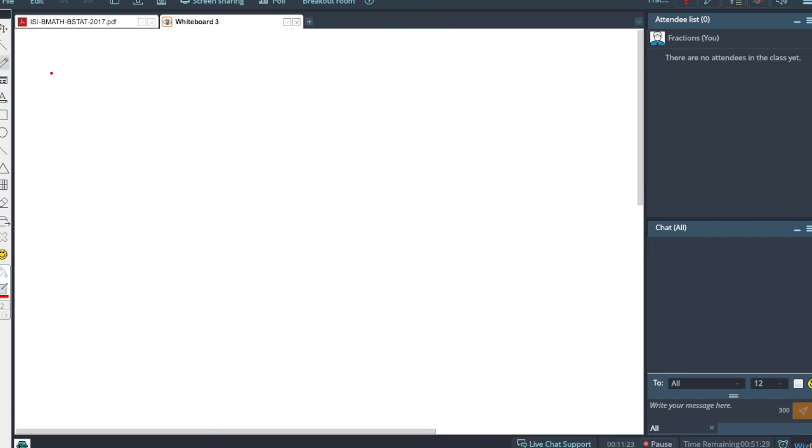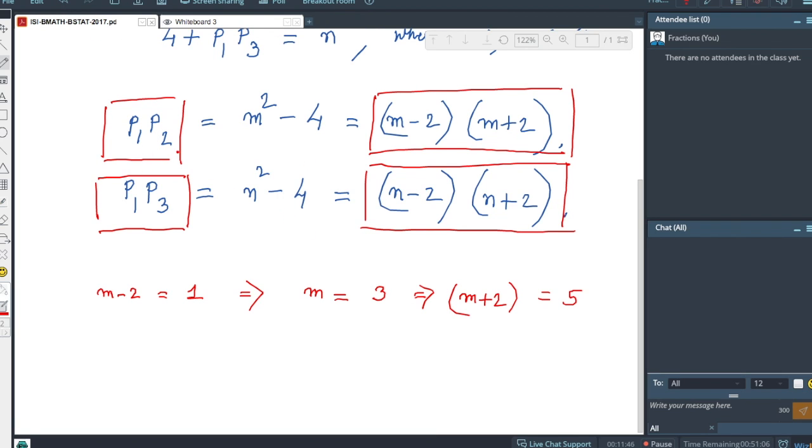Okay, so let's consider the cases now. P1 times P2 is m minus 2 times m plus 2. So m minus 2 is a prime, m plus 2 is a prime. First of all, I'm taking that P1 is m minus 2, and then naturally we get that P2 is m plus 2.